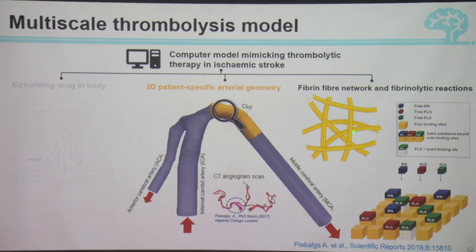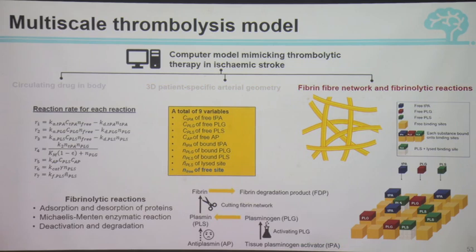So these are the key players: TPA, plasminogen, plasmin, and each of these yellow blocks represents a free binding site. So initially you have an initial concentration of free binding sites. Then all of these species will compete to occupy a space, and that will cause the reaction to take place, and therefore the breakdown of the clot.